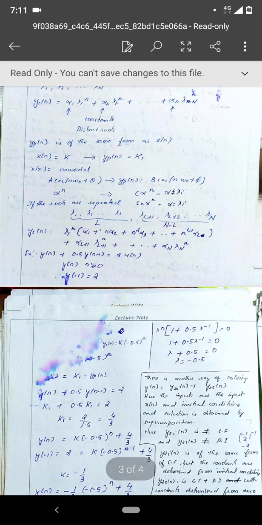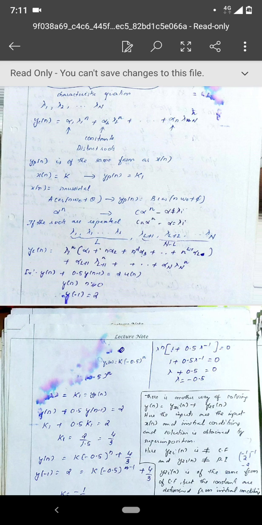And what about the particular solution? See, the very important sentence is that the particular solution is in the same form as that of the input. I repeat, the particular solution is in the same form as that of the input. That is, if the input x of n is a constant k, then the particular solution yp of n should be equal to some other constant, some other constant k1.